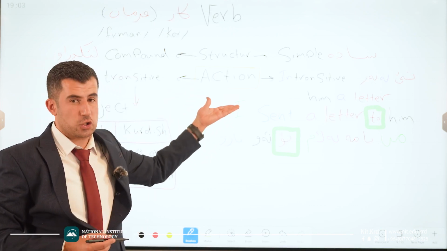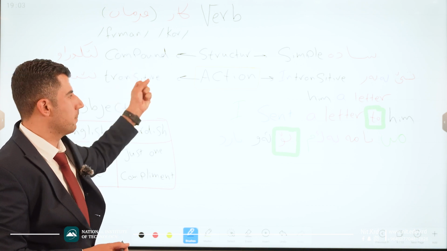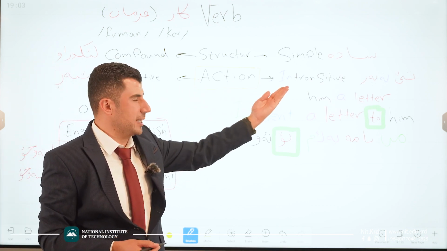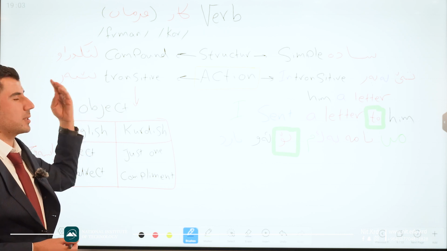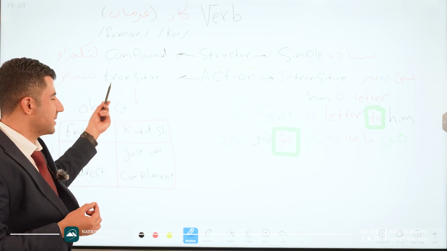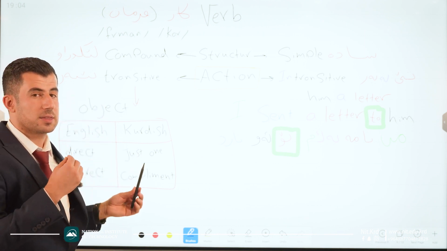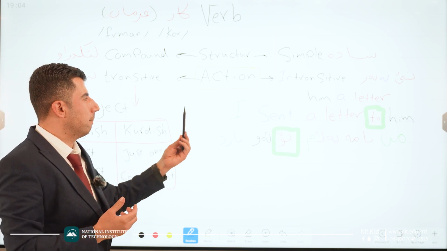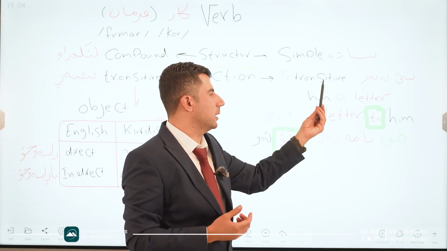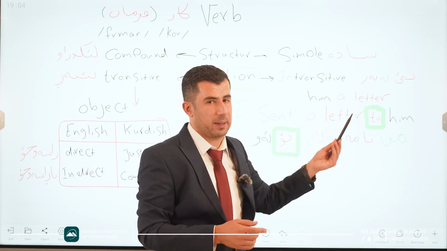But according to the action that we have in the Kurdish verb, we have, like English, intransitive verbs and transitive verbs. Good. For saying transitive in Kurdish, we say tepar, tepar. But in Kurdish, for saying intransitive, we say tenapar.